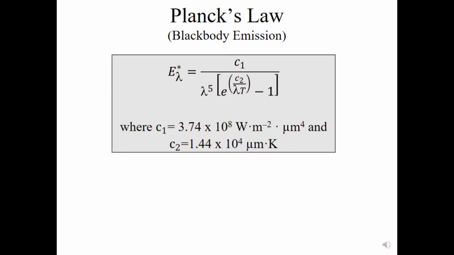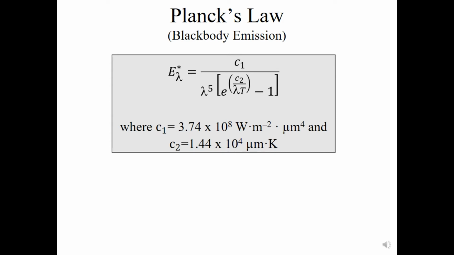So in the video you saw the description of Planck's law, and I'd like to present this in the way that it's done in the Stull textbook, where we have E lambda star. E lambda star is the irradiance in watts per meter squared at a given wavelength, and the star denotes that we're dealing with blackbody radiation.